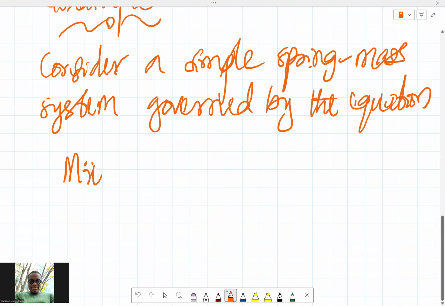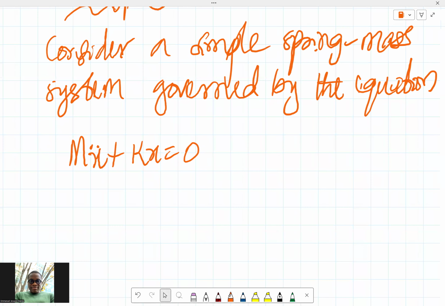m x double dot plus k x equals 0. Of course, x double dot means the second derivative of x with respect to t, that's talking about time.